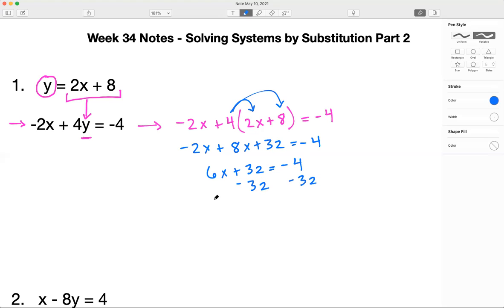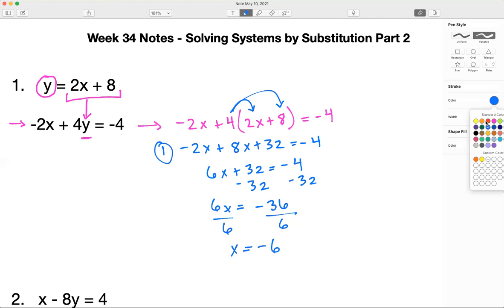So then we have 6x equals negative 36. And then last step, finally, we just divide both sides by 6. And then x equals negative 6. So we found one of the variables. Fantastic, okay. Well, that's our first step here. First step here is to find x, or one of the variables.